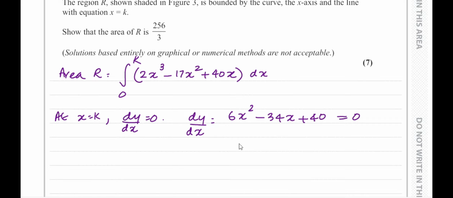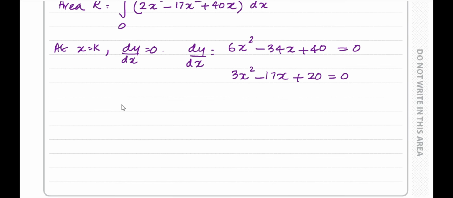Dividing all the terms by 2, we get 3x squared minus 17x plus 20 equal to 0. This can be written as 3x squared minus 12x minus 5x plus 20 equal to 0.